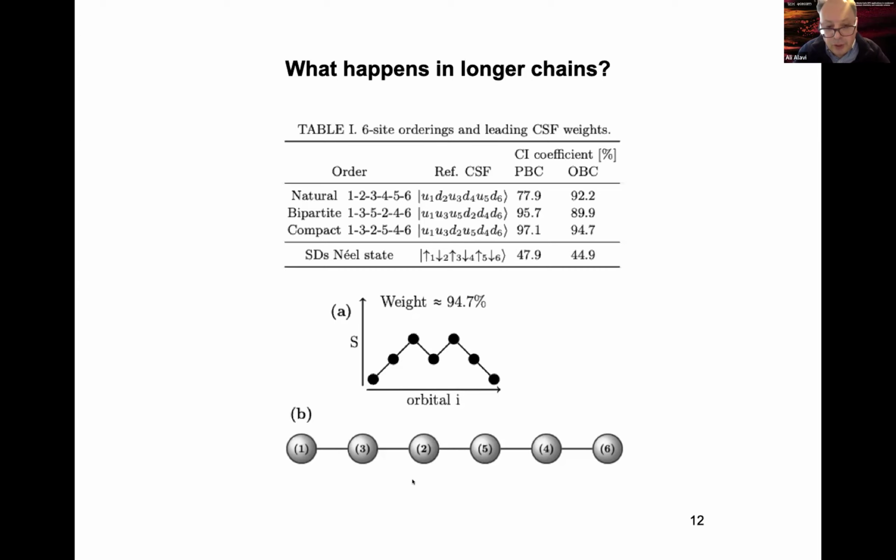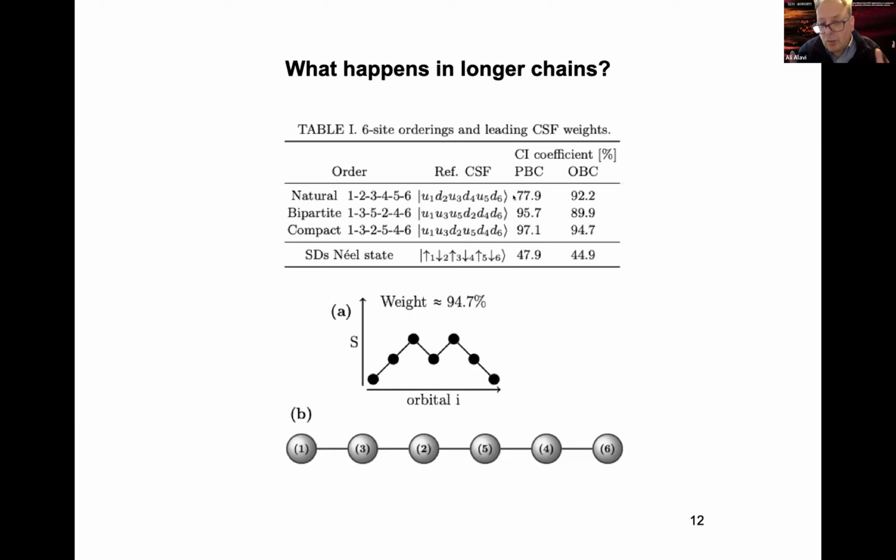So if we look at a 6-site problem, which we can either do looking at a linear chain here, or with periodic boundary conditions that you can sort of think of as a benzene molecule, then you find, for example, in the periodic boundary condition case, that if you take a naturally ordered CSF basis, the leading term in the ground state wave function is about 78% dominated by one CSF.